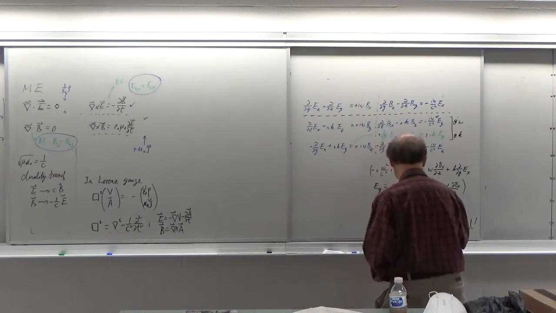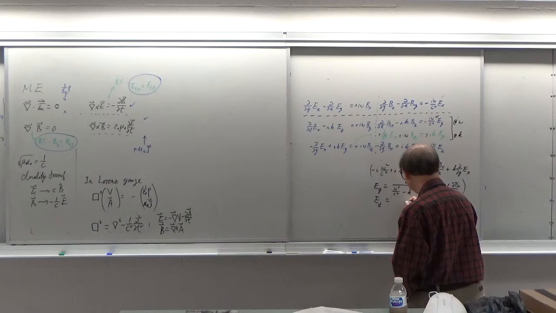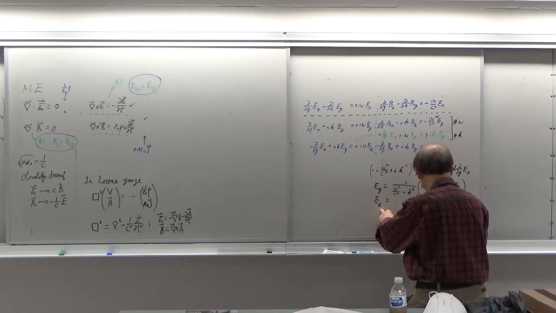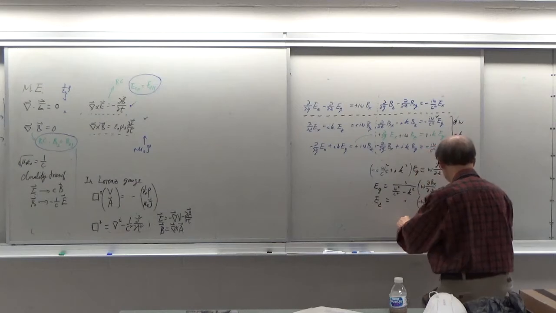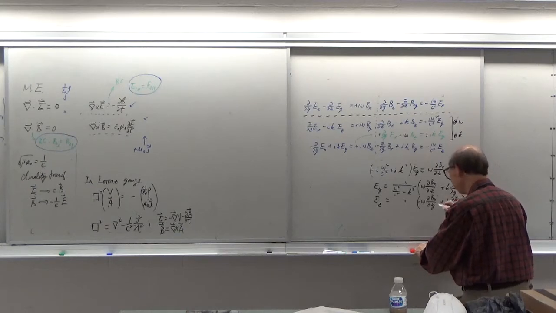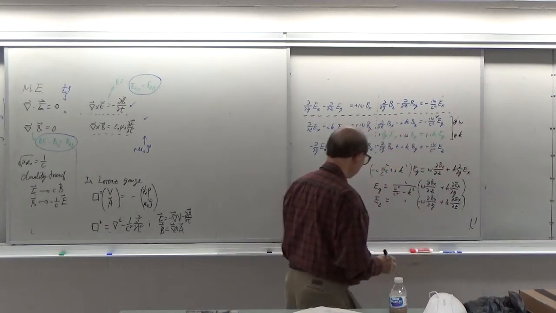That will be equal to the same factor, where y goes into z and z goes into minus y: minus del Bx by del y goes into z, plus k del Ex by del z. Exercise.